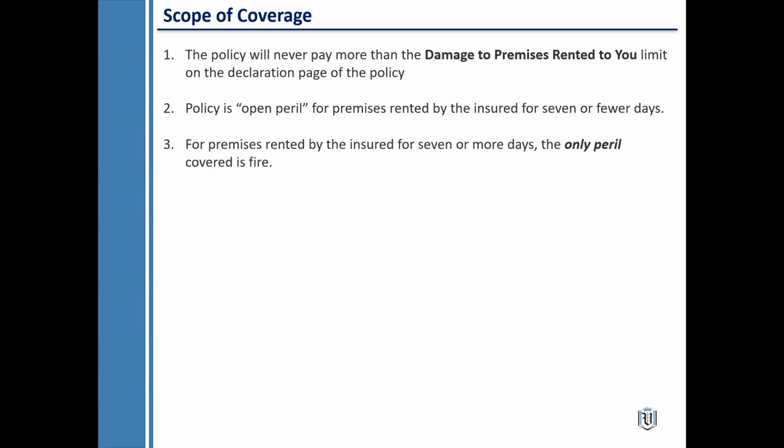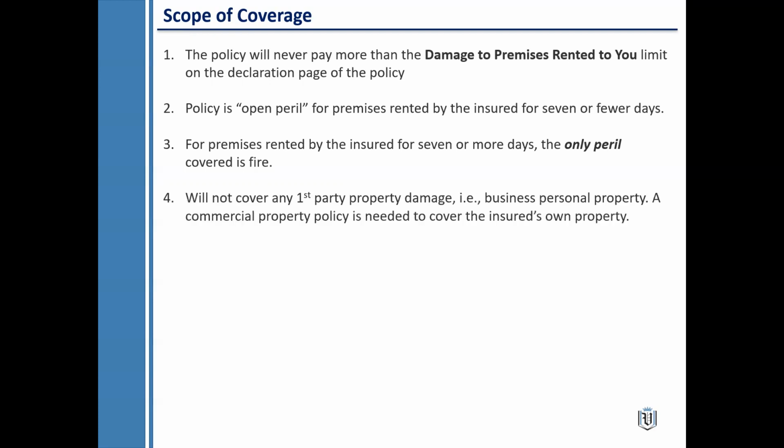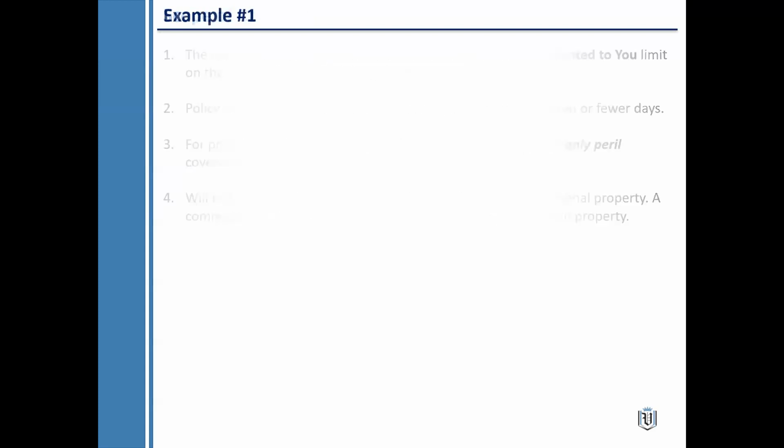And for premises rented by you for more than 7 days, we're only going to cover fire. This does not cover any of your own property, whether it's a building, personal property, or leased property. That's what commercial property is for. Okay, so, examples.